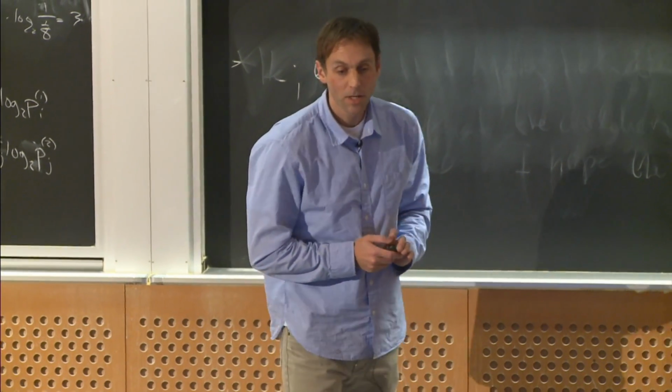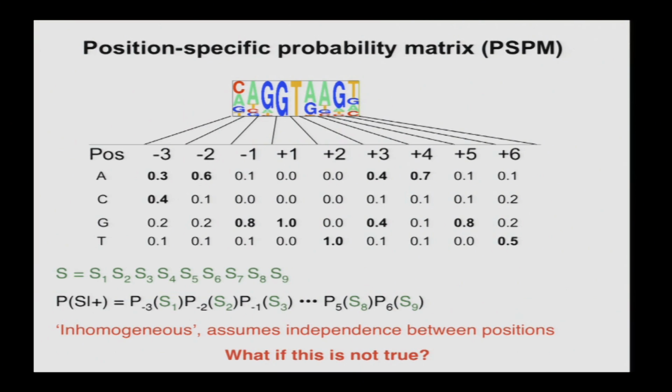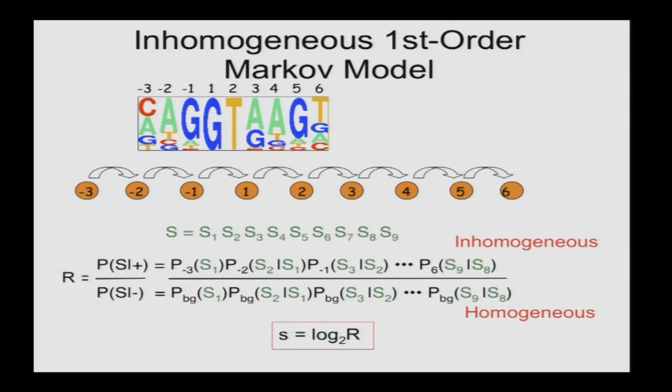Okay, good. All right, so then we said you can use a weight matrix or position-specific probability matrix for a motif like this 5' splice site motif, assuming independence between positions. But if that's not true, then a natural generalization would be an inhomogeneous Markov model. So now we're going to say that the base at position k depends on the base at position k minus 1, but not on anything before that.